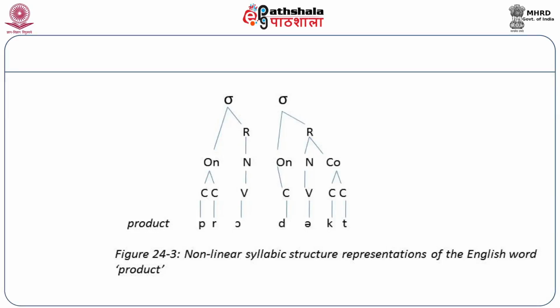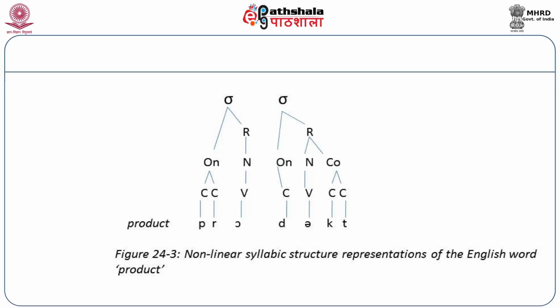Now we see how the word product has been represented in a revised manner in the onset and rhyme system. So we have pro as onset and rhyme, and duct as onset and rhyme.